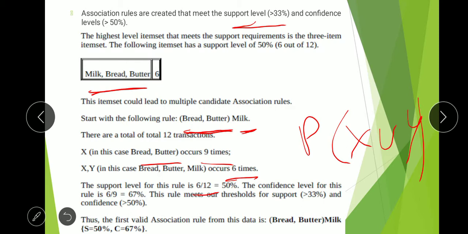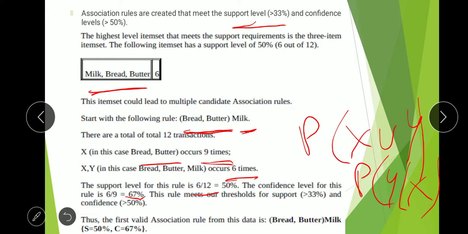Now, we have to find the confidence level. What is confidence level? It is the probability of Y given X, or the probability of X union Y divided by the probability of X. So, the probability of X union Y is 6, divided by the probability of X, which is 9. Therefore, 6 divided by 9 is 67%. So, the confidence level is 67%.